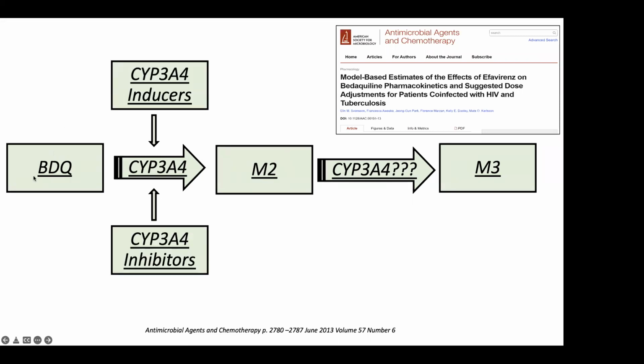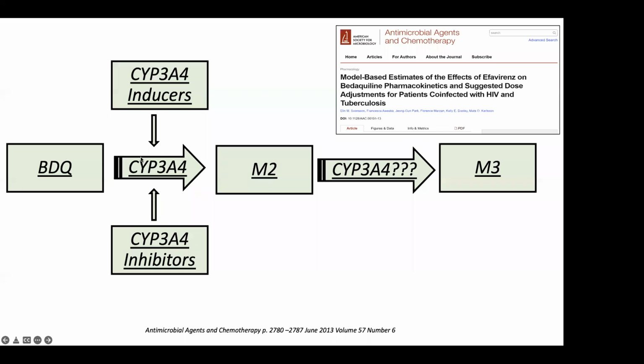A few things to pay attention to. Number one, the key problem is bedaquiline. It is metabolized by your CYP or liver enzymes that also metabolize other drugs, so it is affected by drugs that can be called liver enzyme inducers or liver enzyme inhibitors. Remember, if these enzymes are induced, they are activated to work faster than normal.